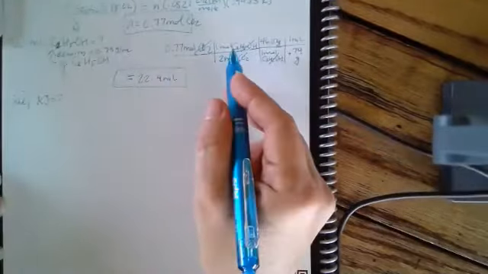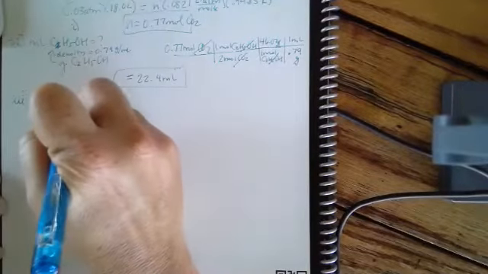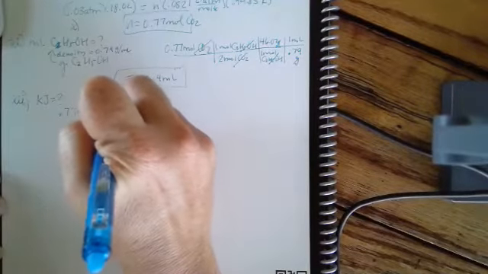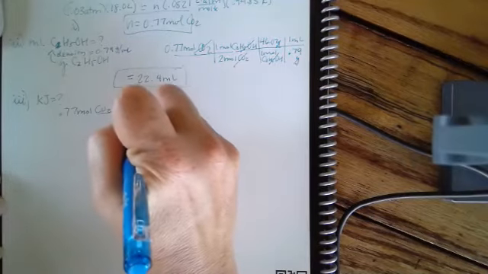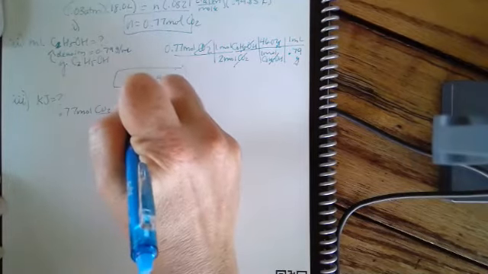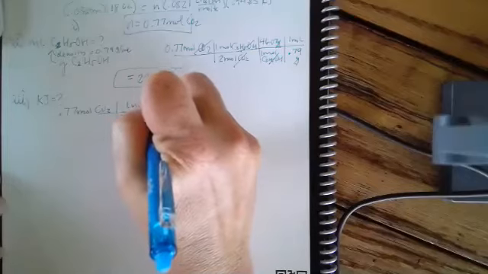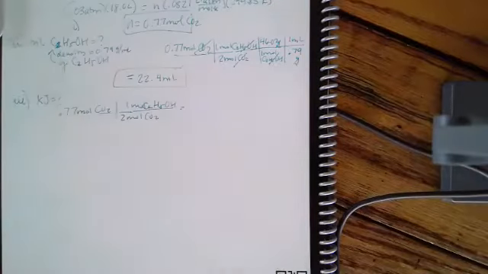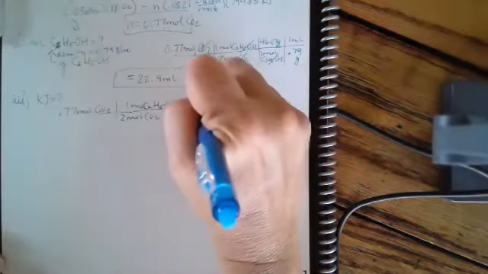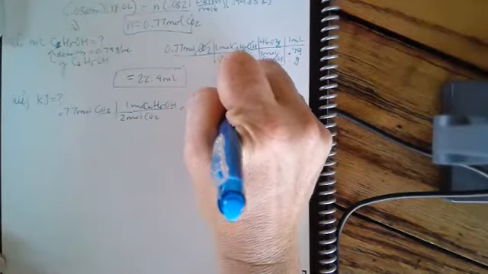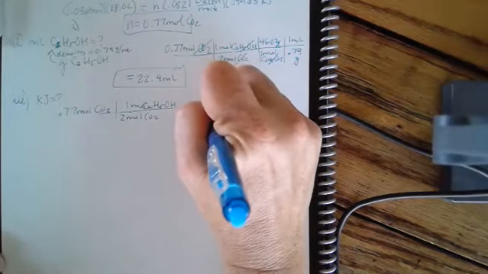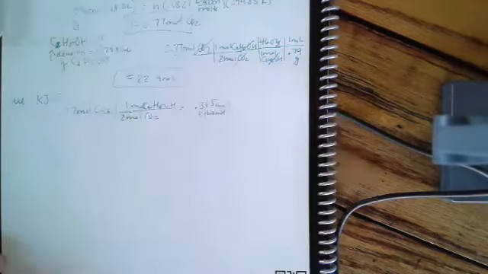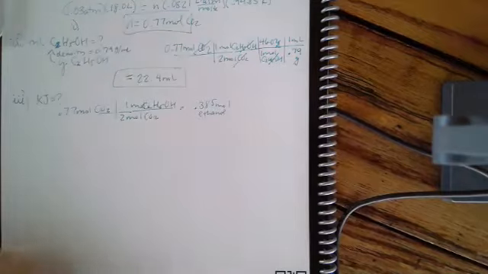But let's see how many moles that is. So 0.77 moles of CO2. For every 2 moles of CO2, there's 1 mole of C2H5OH. So it's half of 0.77, so 0.385 moles of ethanol.